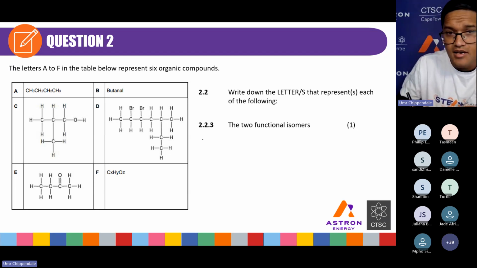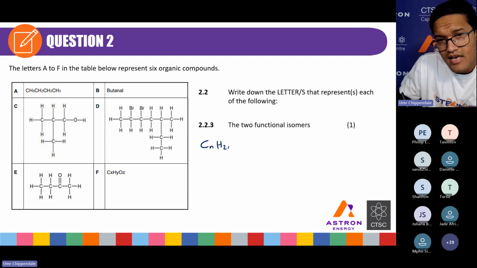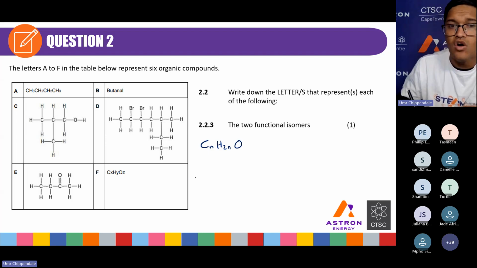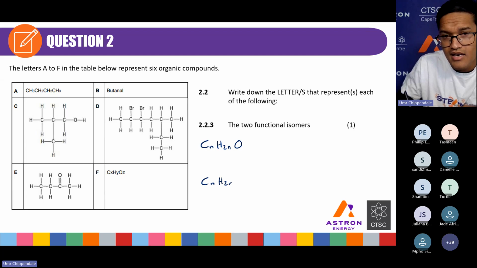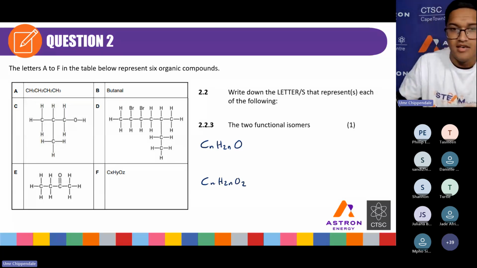The reason for that is the general formula for the aldehyde and ketone will always be CnH2nO. For a carboxylic acid and an ester, it will always be CnH2nO2. So those are always interchangeable with each other. Your aldehydes and ketones, and esters and carboxylic acids. So whenever you see functional isomers, think of those two groups.